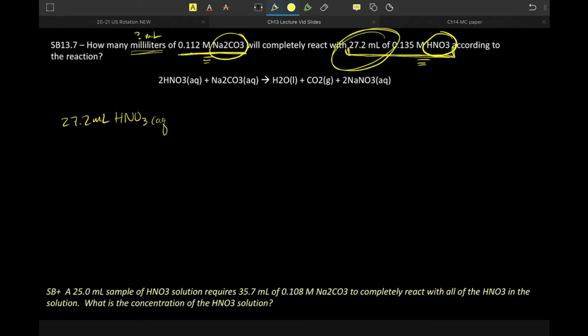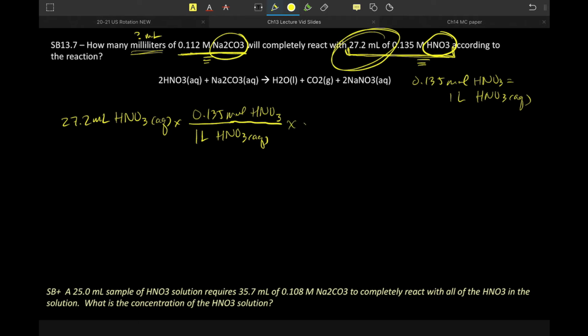Before we can go anywhere else, we're going to have to use that molarity, which if we rewrite it, is the number of moles of HNO3 equal to 1 liter of HNO3 aqueous. So we take our 1 liter of HNO3 aqueous and tie that to our 0.135 moles of HNO3 aqueous.